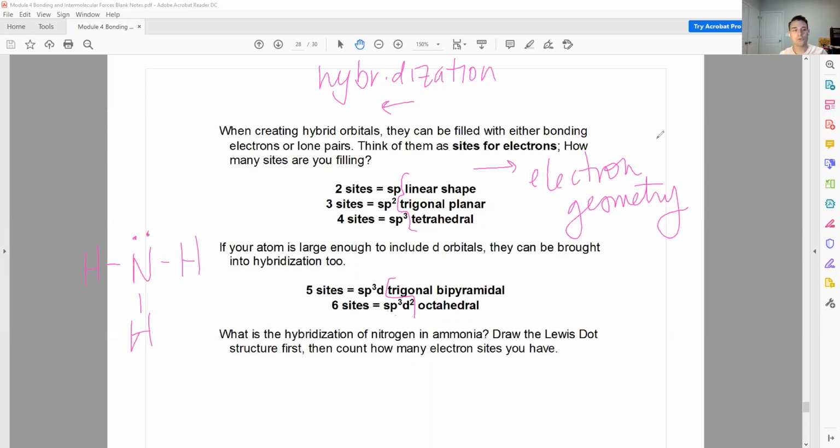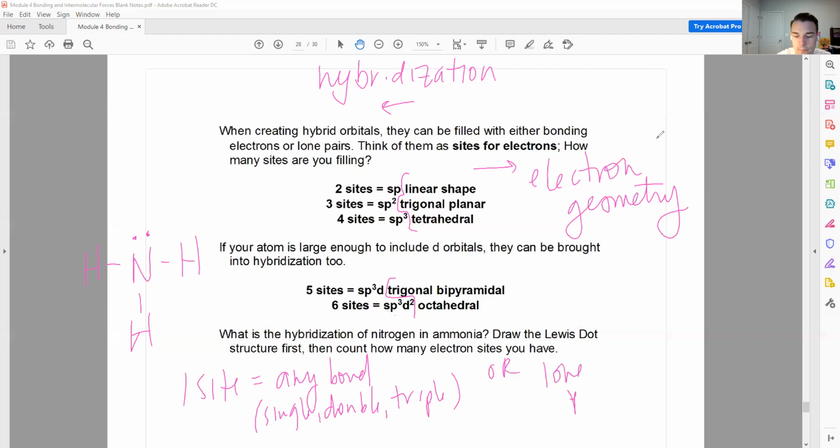Now, when you do hybridization, it's typically for the central atom, or it will specify which atom it wants. So if we look at this, remember, any type of bond, so one site equals any bond, which is either a single, double, or triple, or any site is a lone pair.